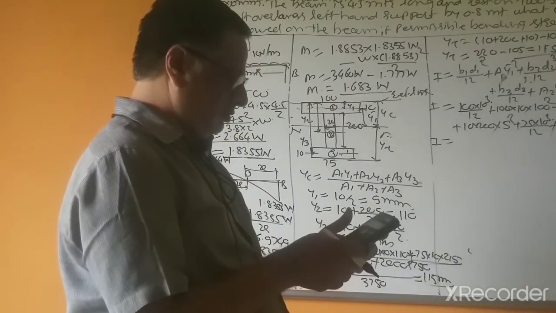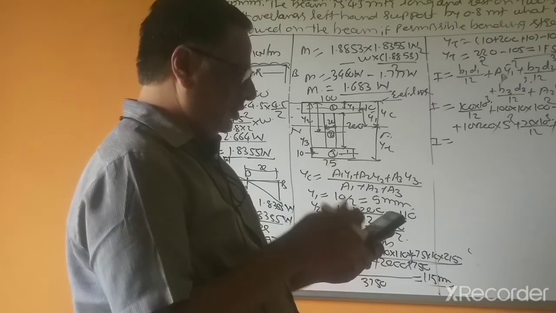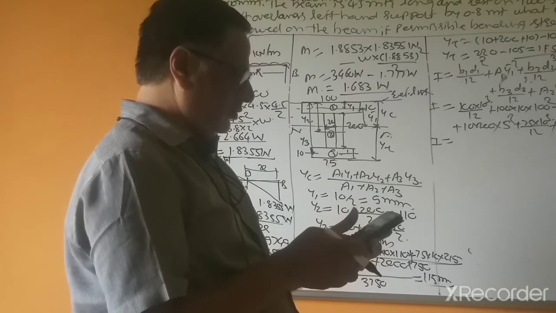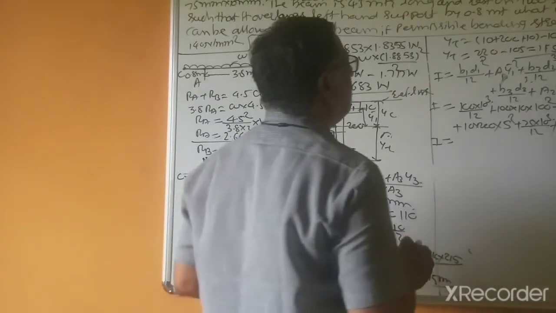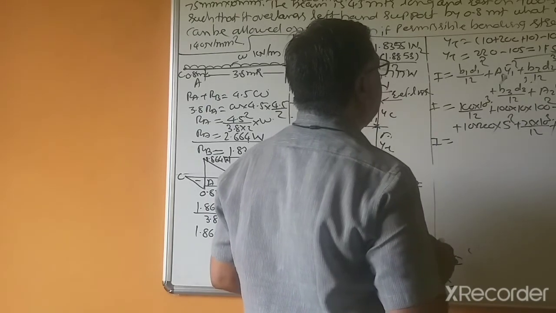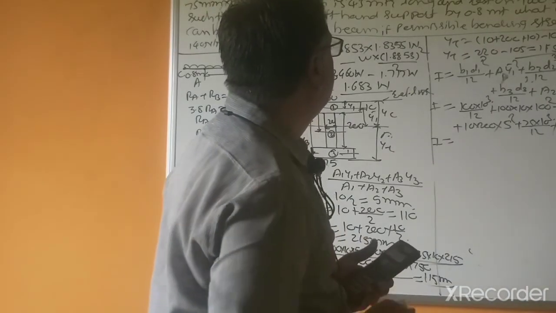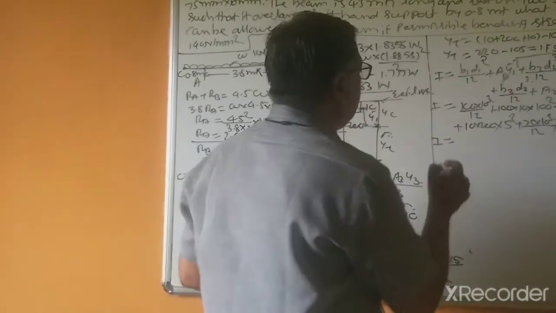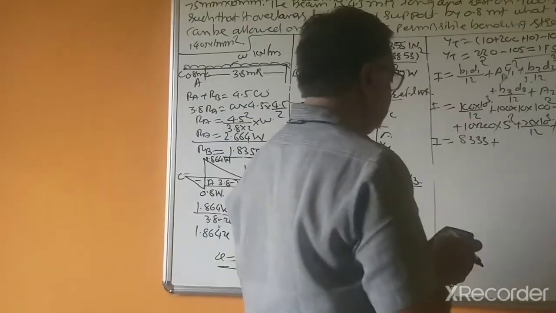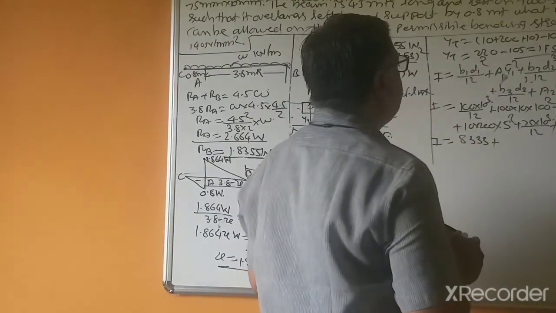Or 100 multiplied by 100, 1 lakh, 833, plus this is 100 square.